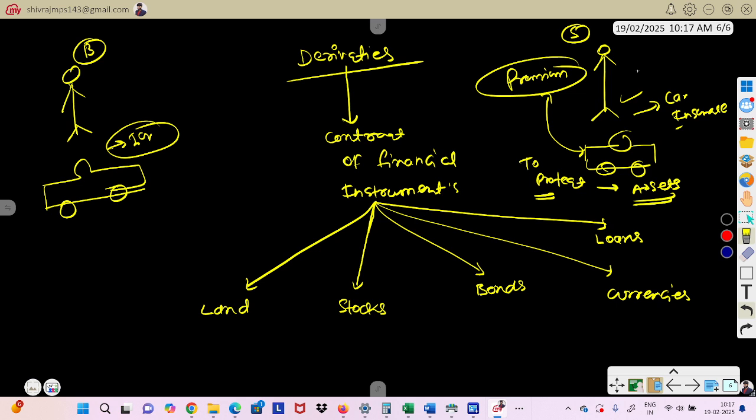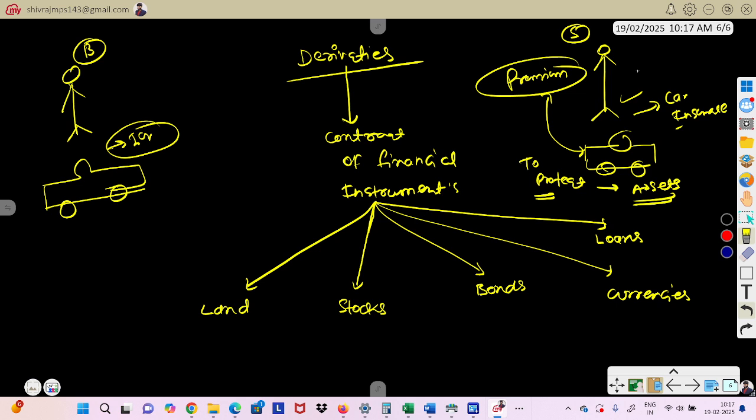So here the underlying product would be the car. But in the finance world, underlying instruments would be land, stocks, bonds, currencies, and loans. But the logic remains the same.